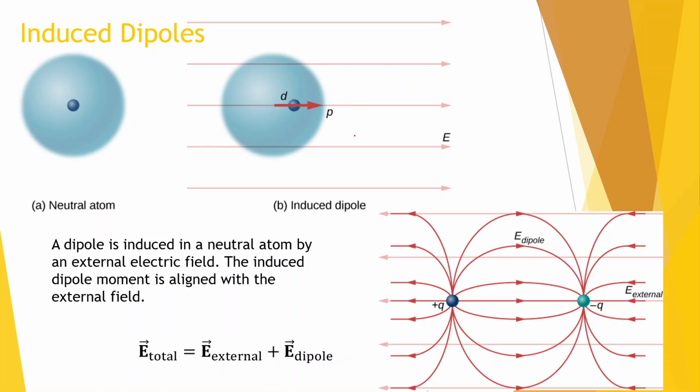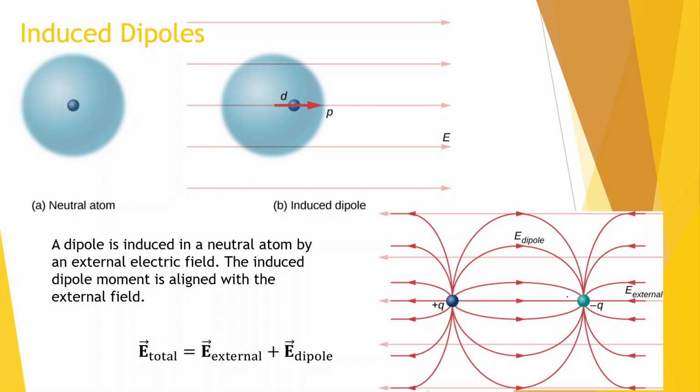Okay, very similar. We should also note that the total electric field would equal the external electric field plus the dipole electric field. So we would get this equation down here, and just in any case that we want to maybe determine the external field or the dipole field or the total field, determining either of those if we're given a couple of the other information that we would need.